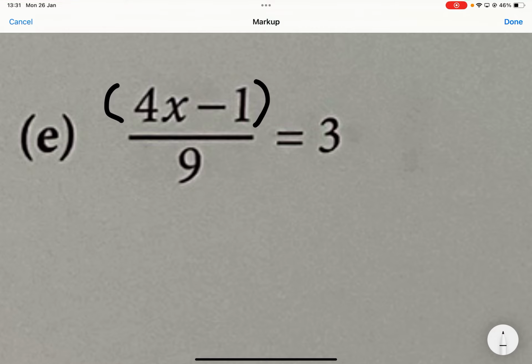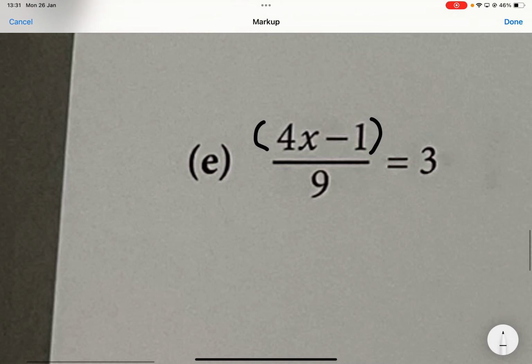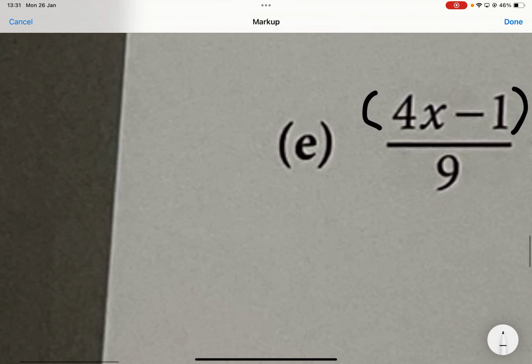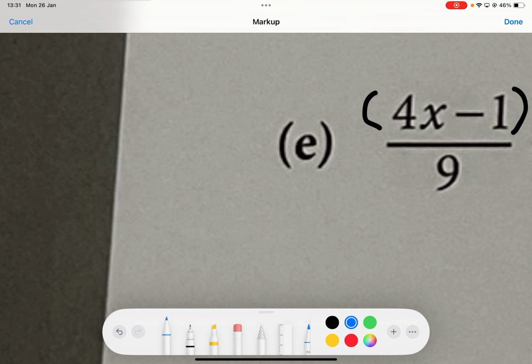Okay? So in this case, my x is inside the bracket. I cannot do anything to remove the minus 1 first. So the next step I need to do is to make my left hand side no longer a fraction. How can I make this no longer a fraction? If I focus on my left, can I multiply something to make it not a fraction? How can I make the 9 disappear?